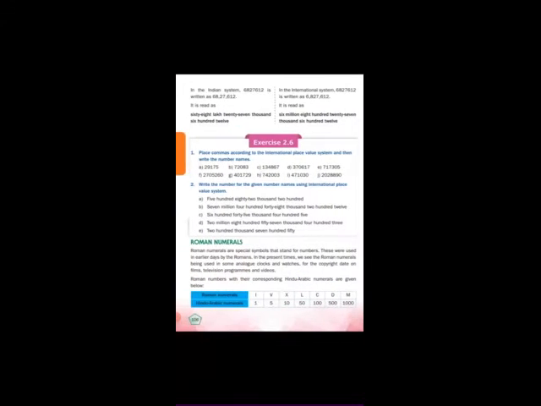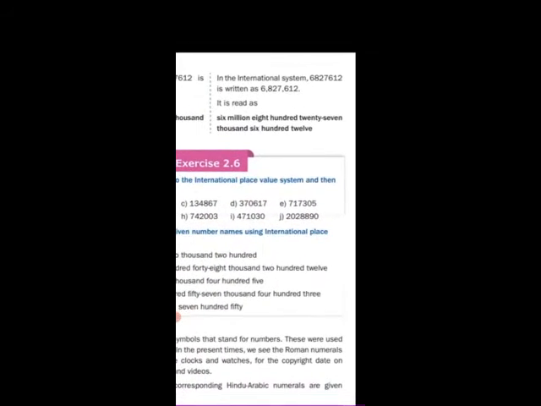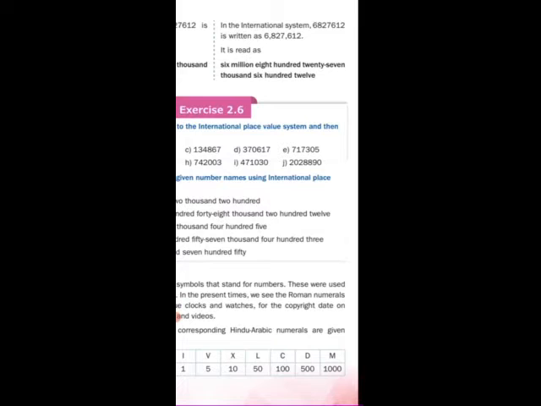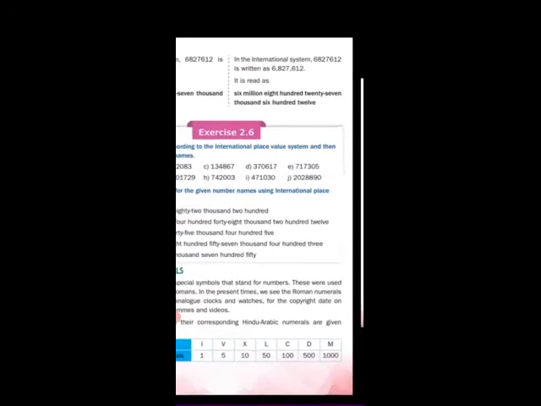Yes. So in the Indian system we say 68,27,612, and in the international system 6,827,612. Okay ma. So this is the way we read it in the international system. Clear ma? Next, just practice that exercise.